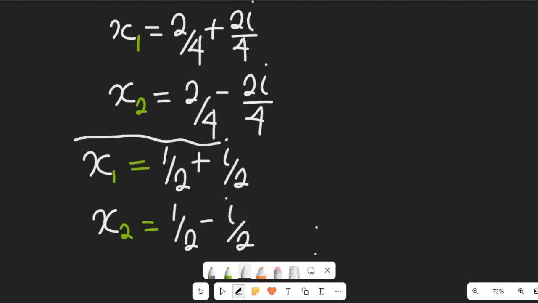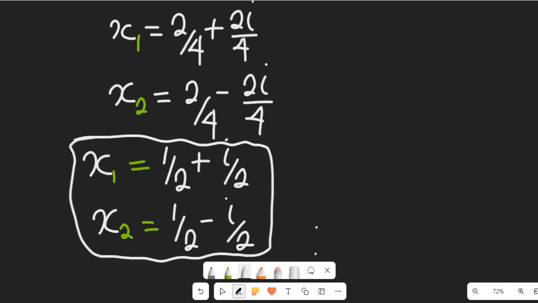So these are the first two roots of that expression given to us.